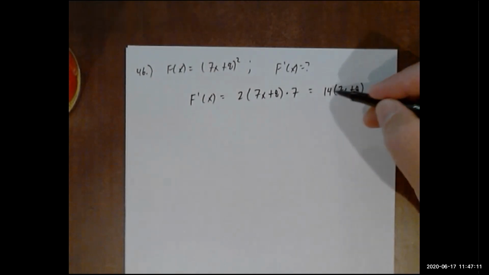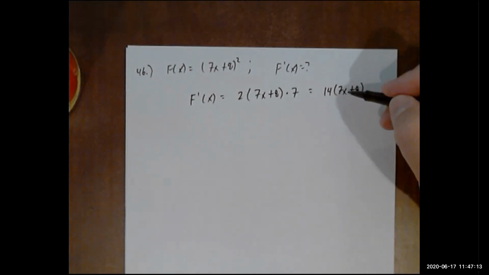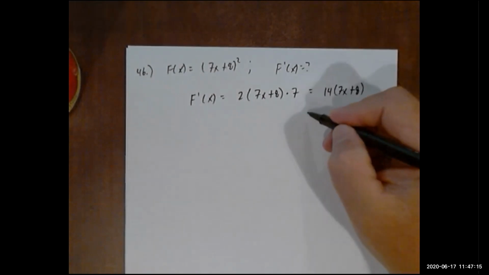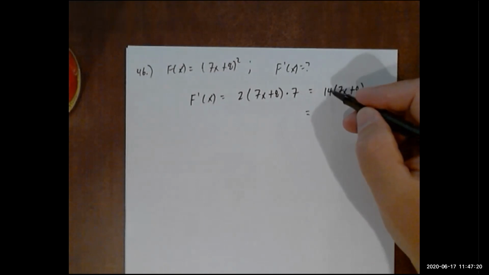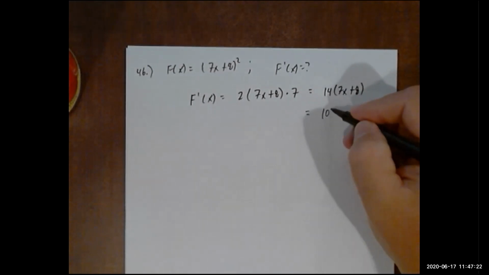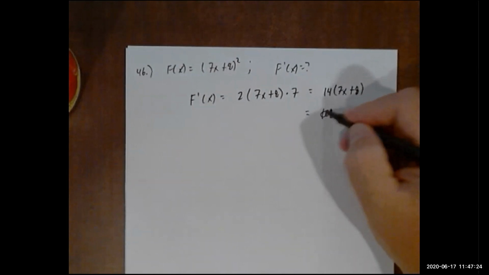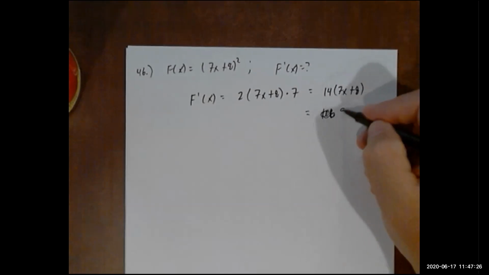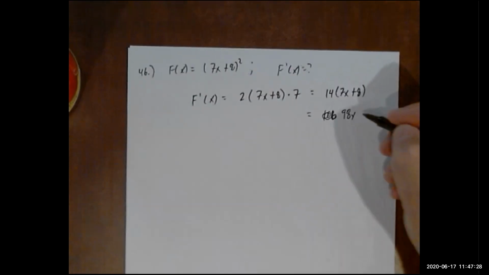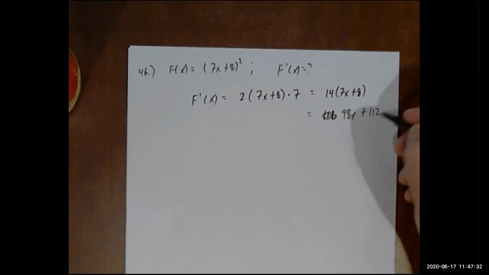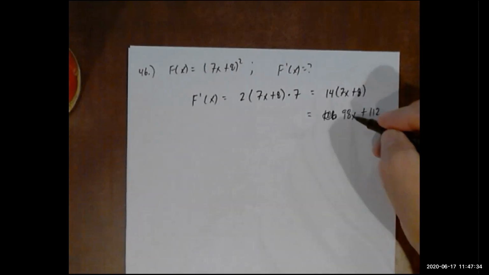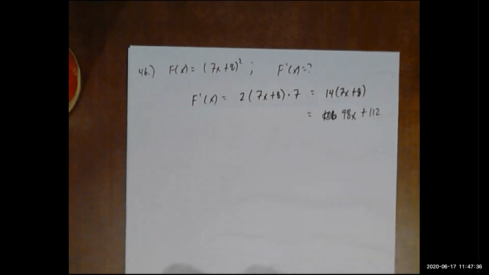Now there's a chance I could multiply out these parentheses. Let's just go ahead and do that. 70 plus 28, 98x. 80 plus 32. Let's see if my math lab likes that answer. 98x plus 112.